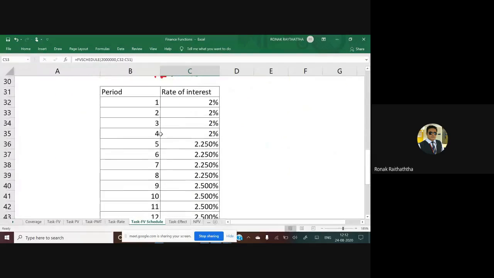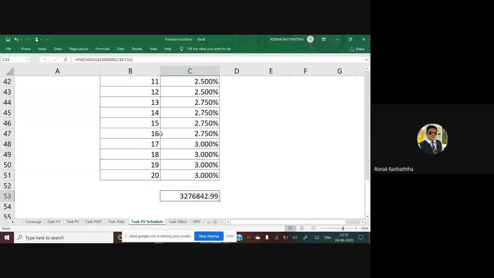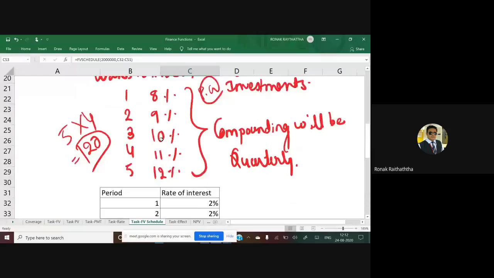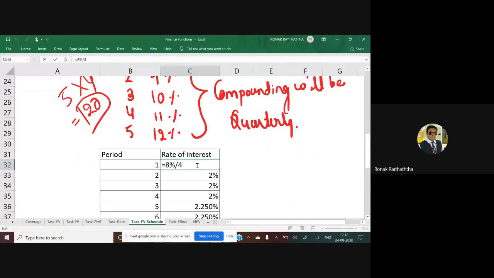So that's why we'll have to write all the quarters as the periods, starting from 1 to 20. Why 20? Because we are going to invest for 5 years. So in year number 1, 8% is divided by 4. Why 4? Because in 1 year you have 4 quarters, so quarterly rate is coming at 2%. So all 4 quarters you are supposed to write 2%.